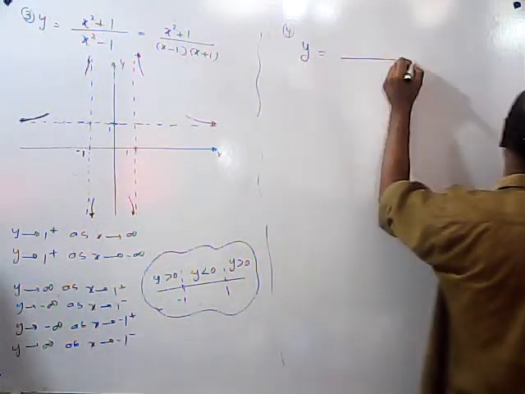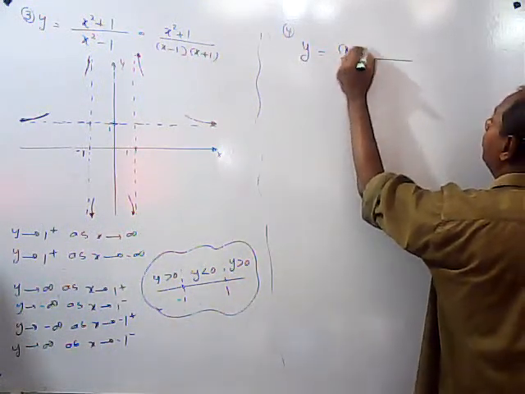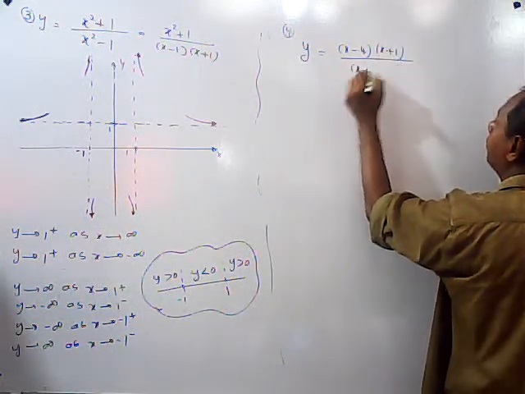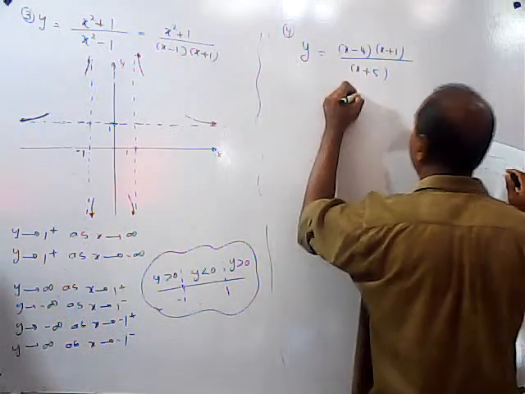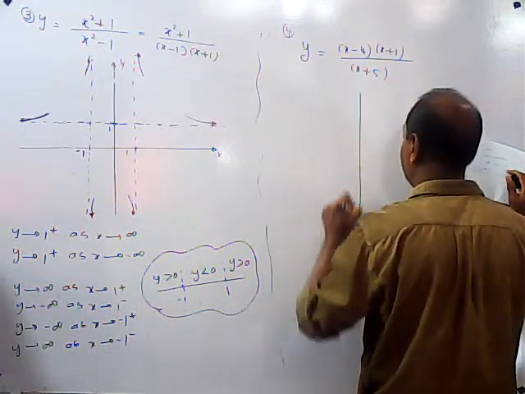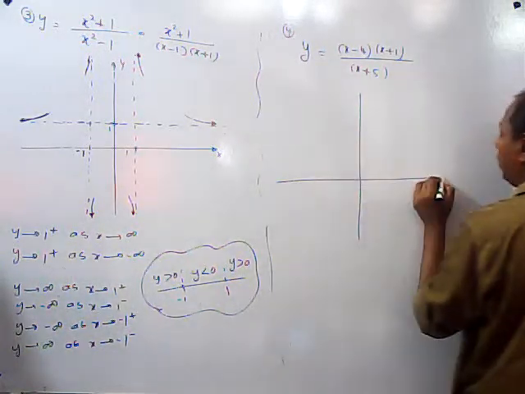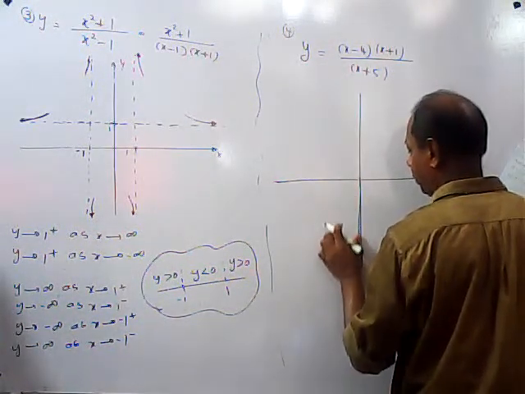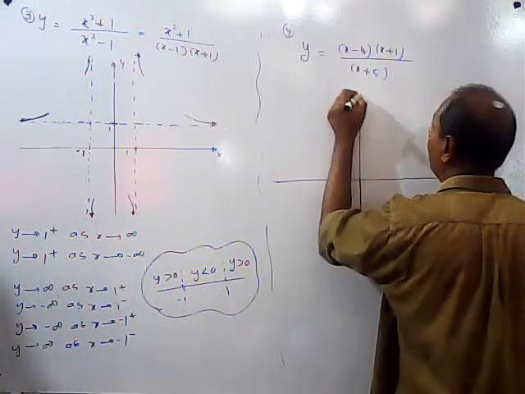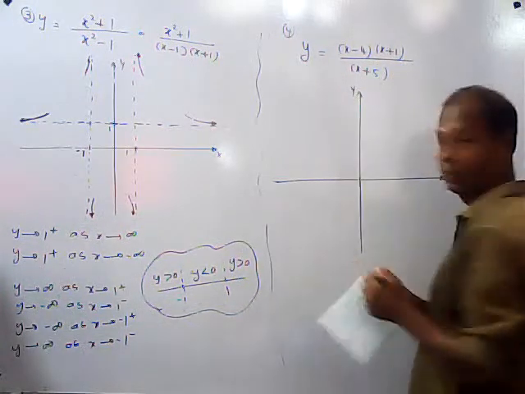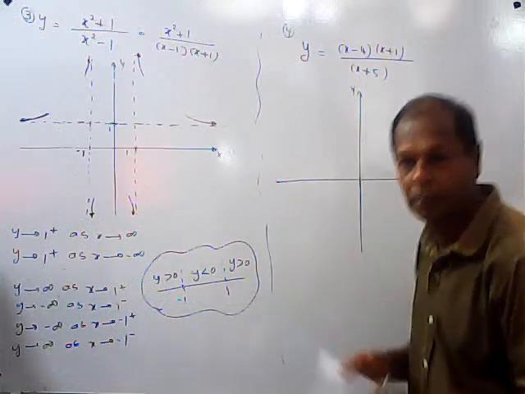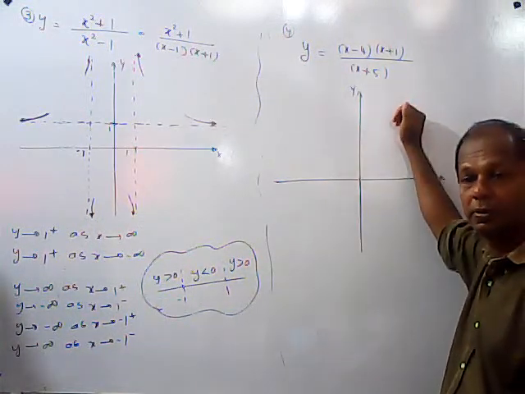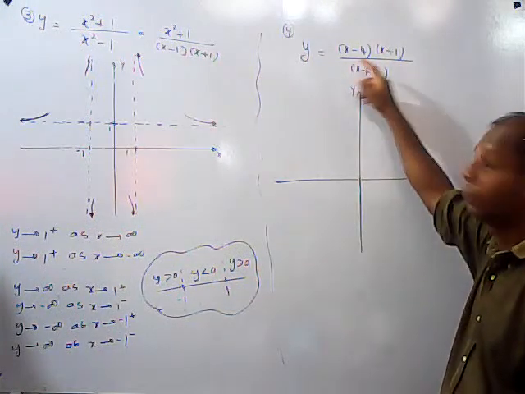y equals (x minus 4)(x plus 1) over (x plus 5). Once we try to check horizontal asymptotes, you will send x to infinity.